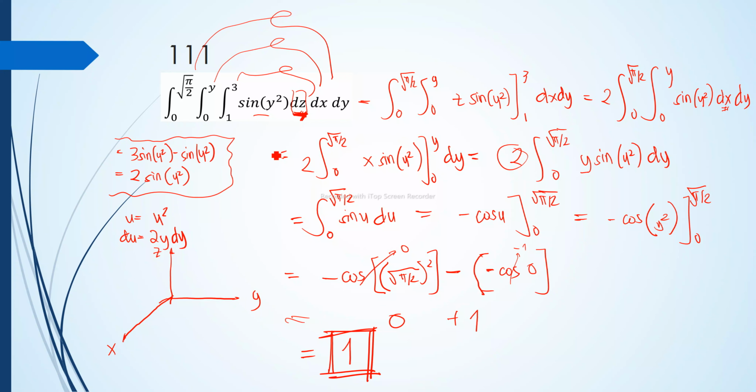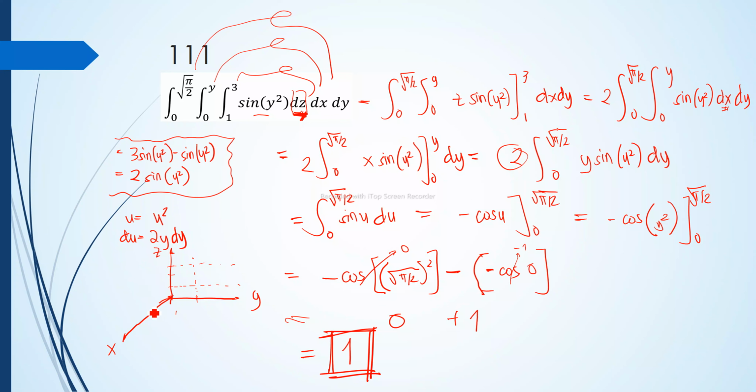And then for the z, the lower and upper limits are 1 and 3. So that is here. And then for the x, that is 0 to y. But let's look at the y. We have the 0 and the pi over 2. Let's see, we have our pi over 2 here. And then for x, we have the 0 also and the y.